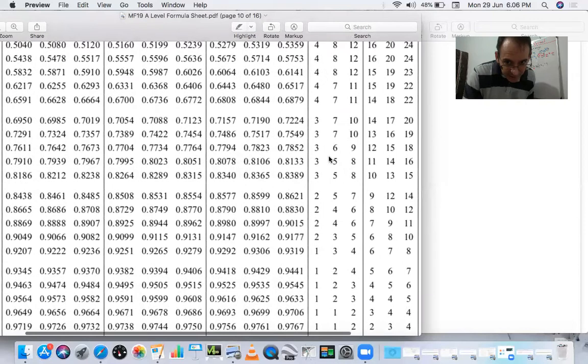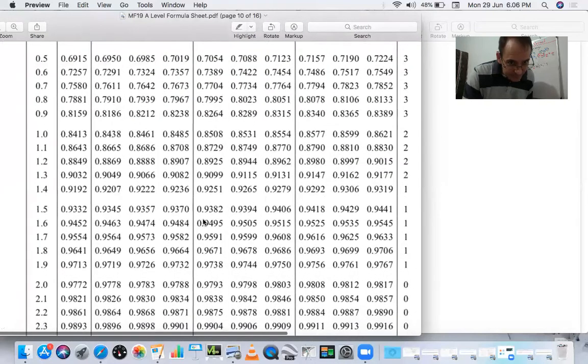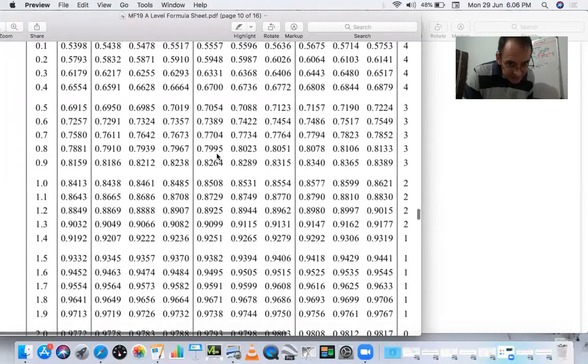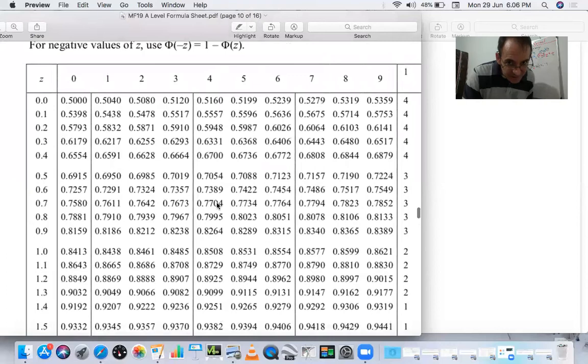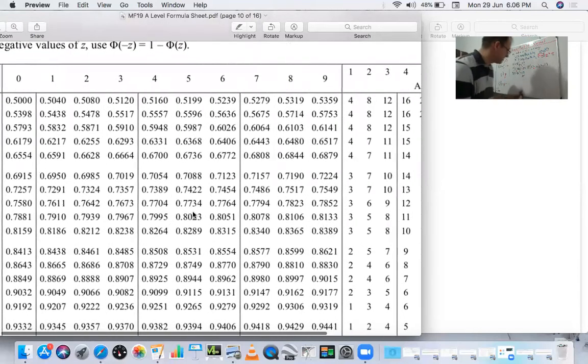So we go over to the 5, follow it up, and it's a 2. So 0.8 is the first decimal, 4 is the second decimal, and 2 is the third decimal. So that is our z number.